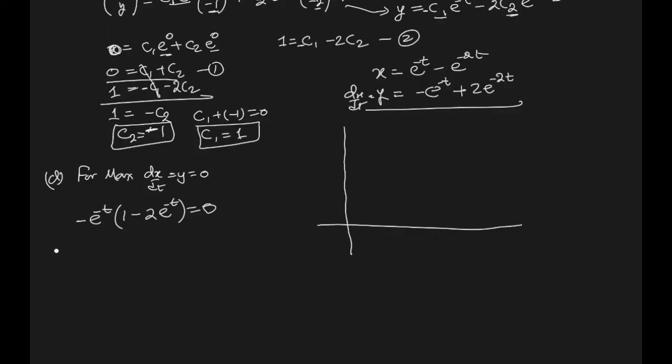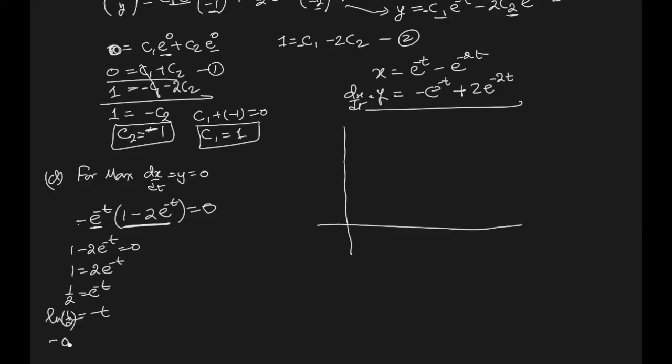Minus e to the power minus t cannot be 0, since e is a positive number. So only this will give us the maximum point: 1 minus 2 e to the power minus t equal to 0. 1 equal to 2 e to the power minus t, half equal to e to the power minus t, so minus t equal to natural log of half.